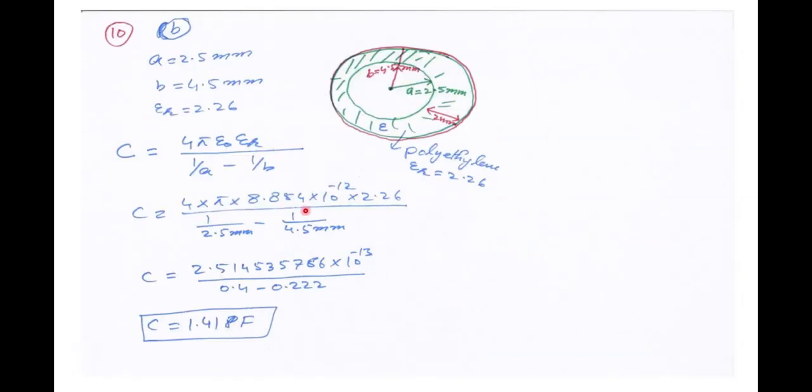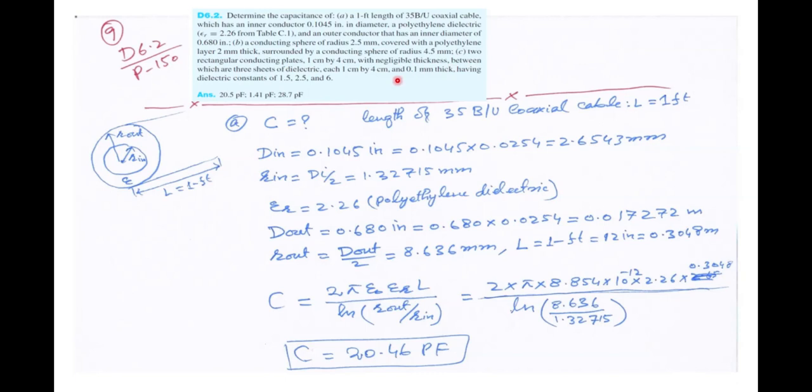In part C, we are asked to determine the capacitance of two rectangular conducting plates.